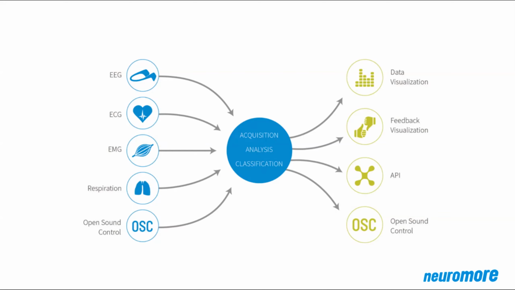We can feed into any kind of API, to our own cloud API, but also to any kind of third-party API. And all the classified, analyzed data and all the metrics in those regards can also be streamed out via OSC. So via OSC, we have a beautiful way to do real-time integration of distributed systems.